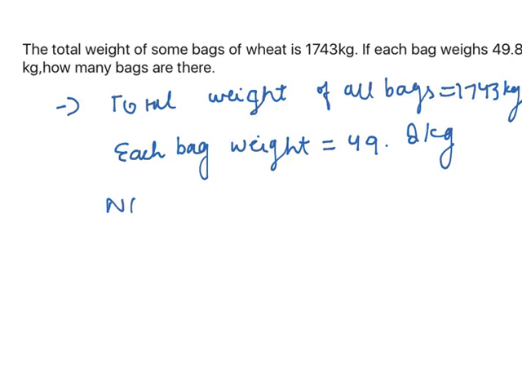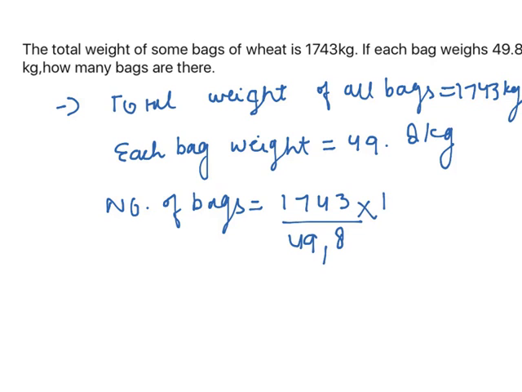So the total number of bags will be 1743 divided by 49.8. So we remove the decimal point and we will put the 10 because we have only one digit after the decimal. Now what we will do? We will just divide 1743 by 498 and then we get the answer as 3.5.